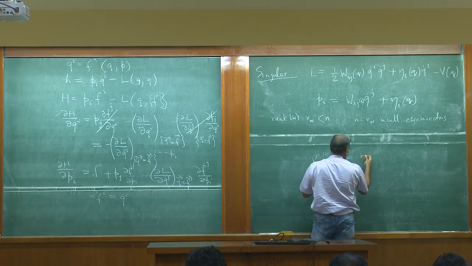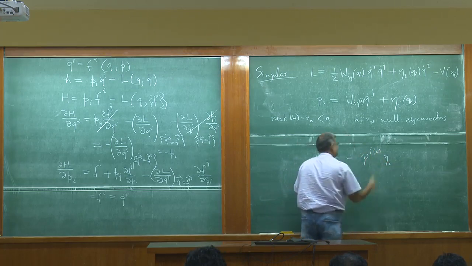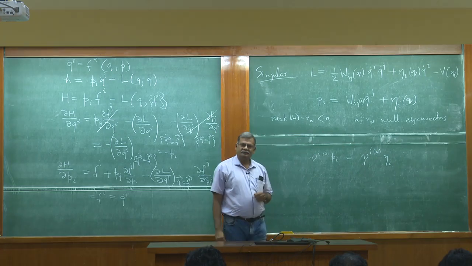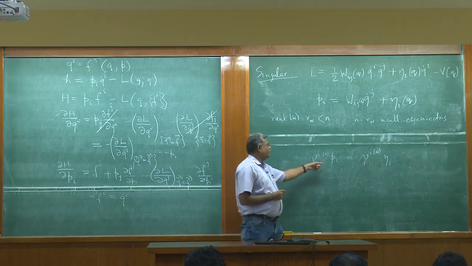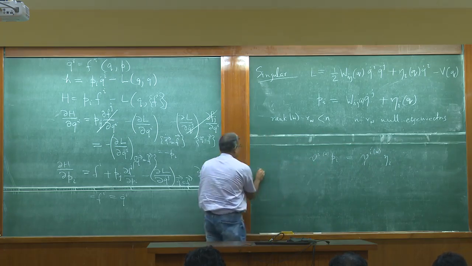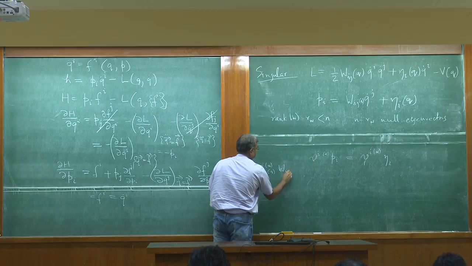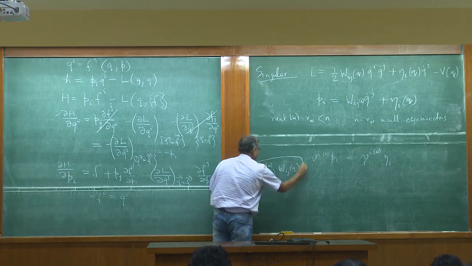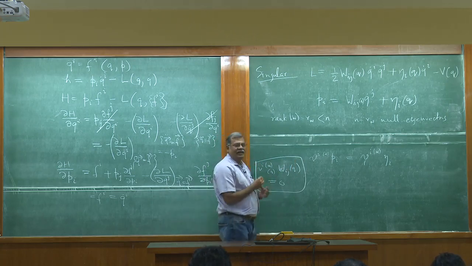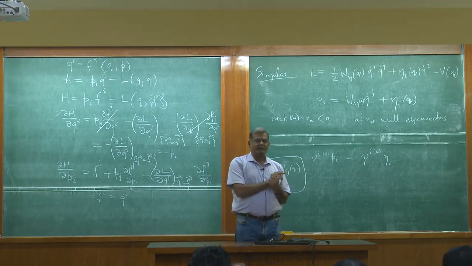So, V_i^alpha eta_i, right? And the V_i^alpha are basically solutions of this. So, V_i^alpha depends on q of course, because the W's do. This is basically the null eigenvector definition.